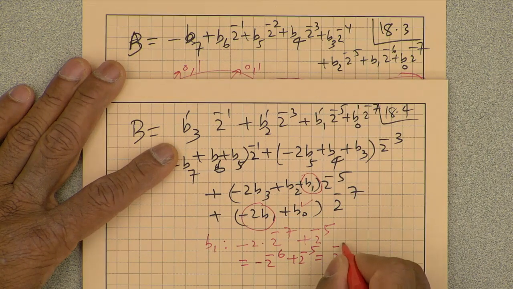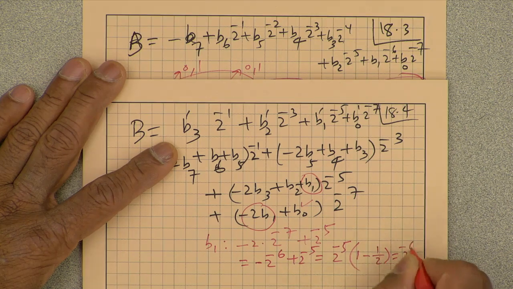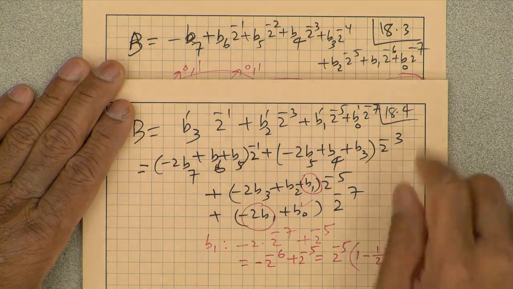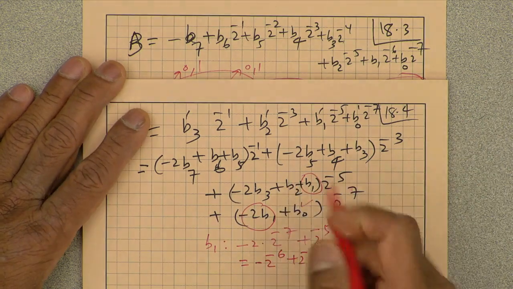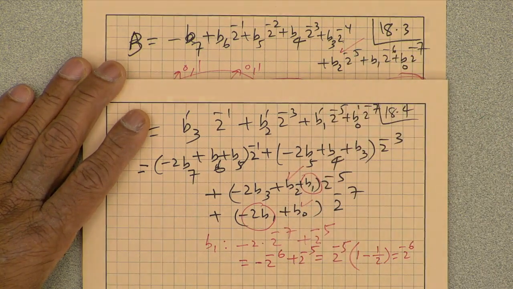So if I take 2 to the power minus 5 outside a bracket, and then 1 minus half, 2 to the power minus 1 is half, which is 2 to the power minus 5 times half, which is 2 to the power minus 6. And you can do this for any of them. B2 has no overlap, so that's B2 times 2 to the power minus 5.